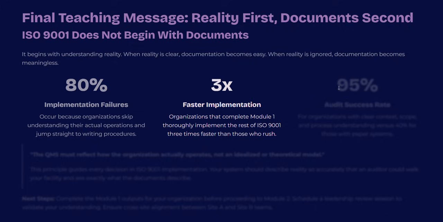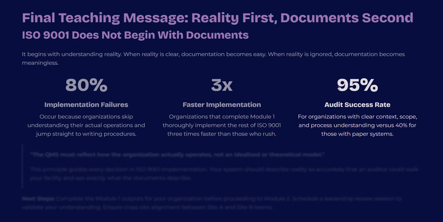They implement the rest of ISO 9001 3 times faster than those who rush. 95% audit success rate for organizations with clear context, scope, and process understanding versus 40% for those with paper system.